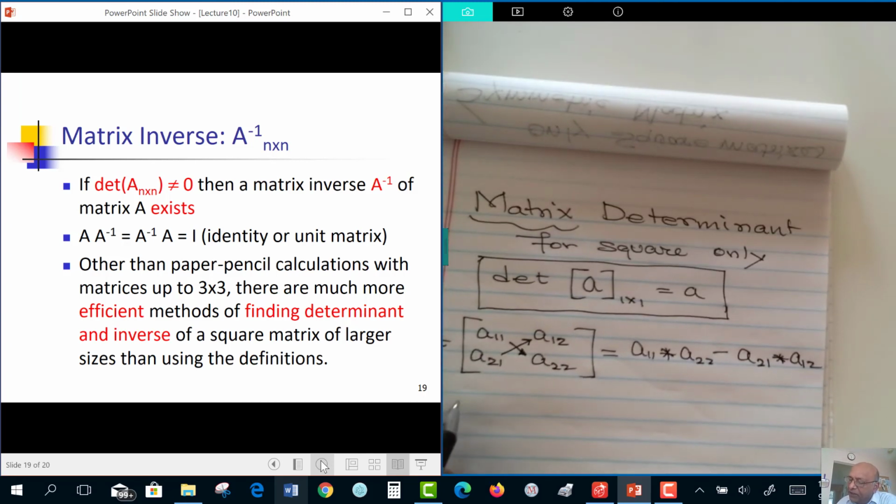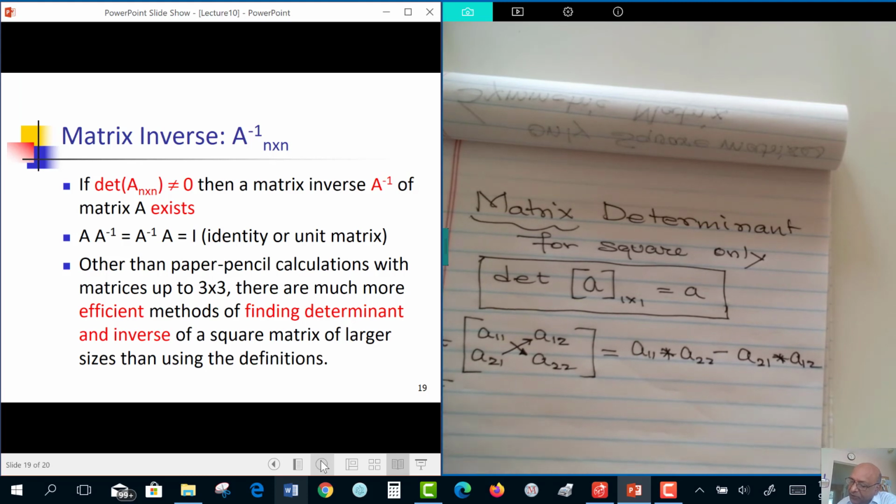Now, there are similar definitions. I'm sure you may have learned it in some earlier course. The determinant of a 3 by 3 matrix we can do by hand. But once we go more than 3 by 3, you really need a calculator or a computer.